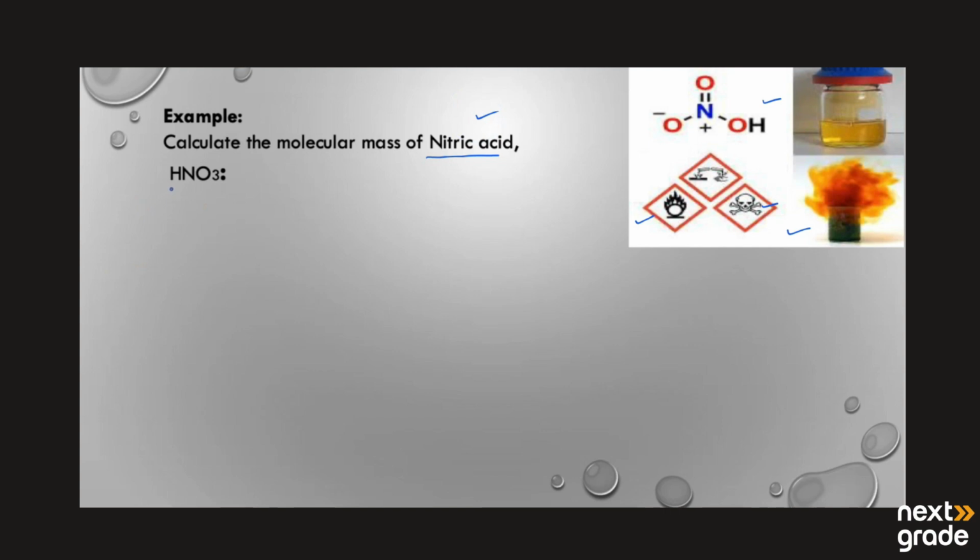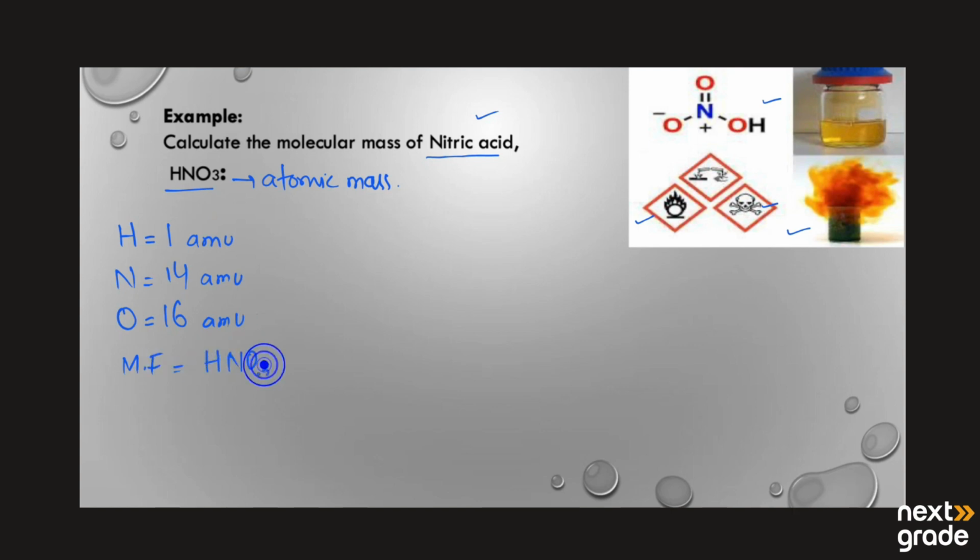For molecular mass, we need to know the atomic masses. The atomic mass for hydrogen is 1, for nitrogen it is 14, and for oxygen it is 16, and we need to know their unit, which is the atomic mass unit. Next, the molecular formula for nitric acid is HNO3.